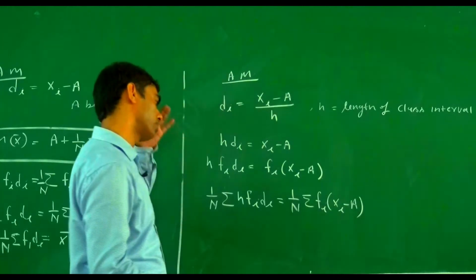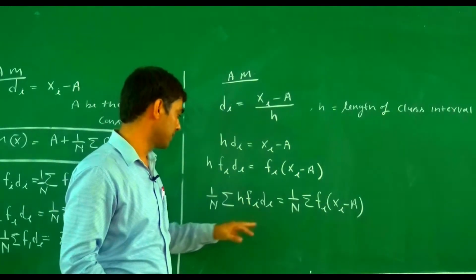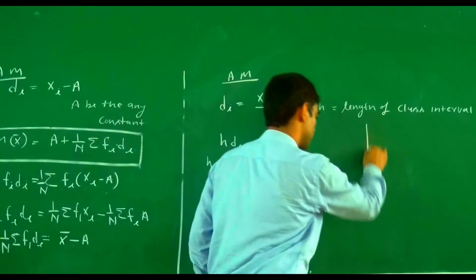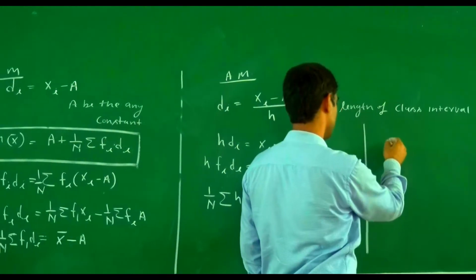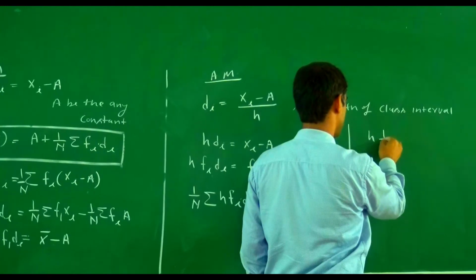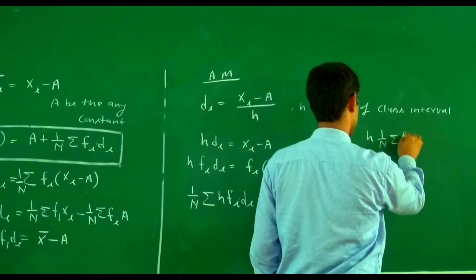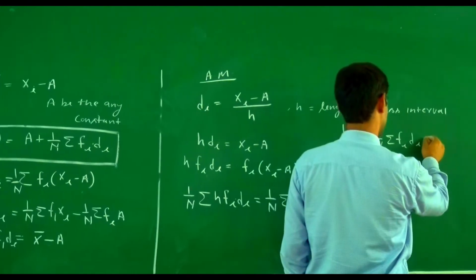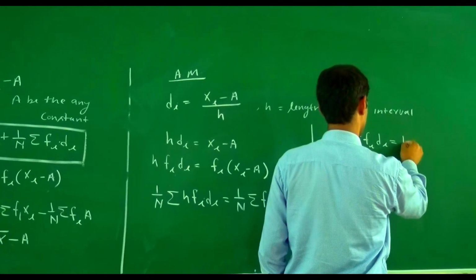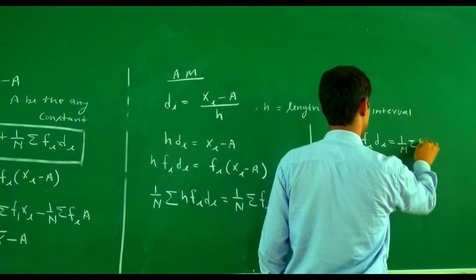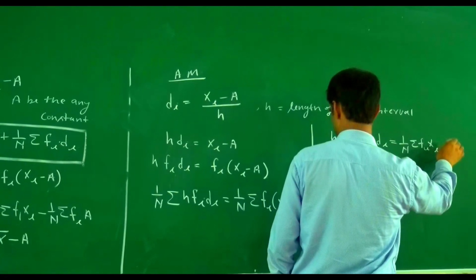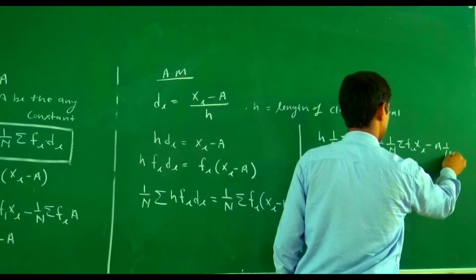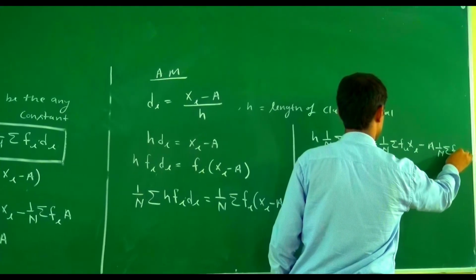And if we simplify this, h is a constant, so this becomes outside. So h times 1 upon n summation of fi di equals 1 upon n summation of fi xi minus a times 1 upon n summation of fi.